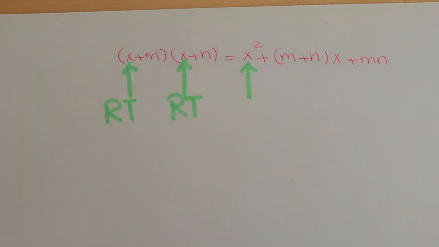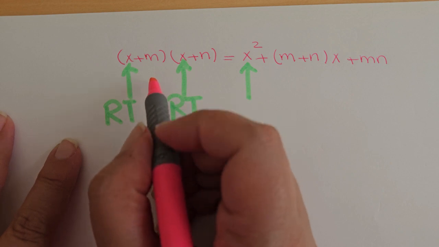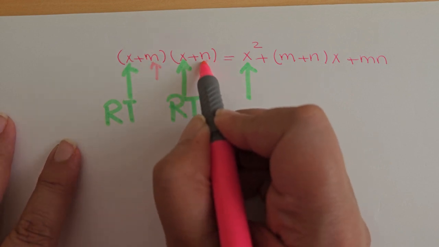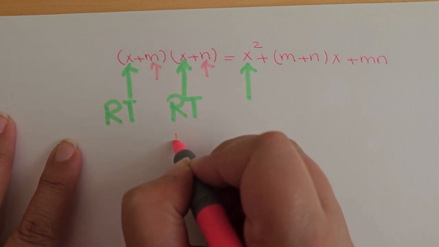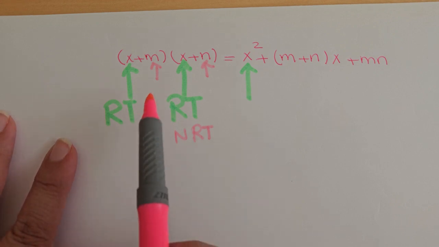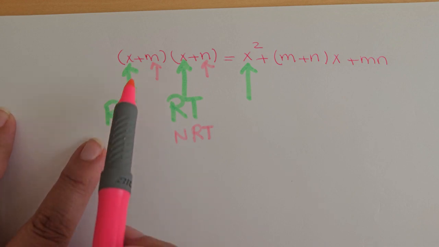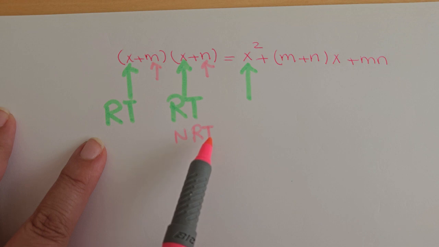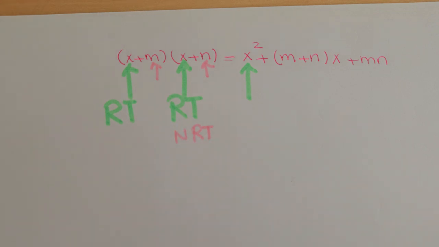But we have another two terms which are not repeating, these two, m and n. I call them non-repeating terms. So the repeating term is added to one of the non-repeating terms in one bracket. In the other bracket, the repeating term is added to the second non-repeating term.